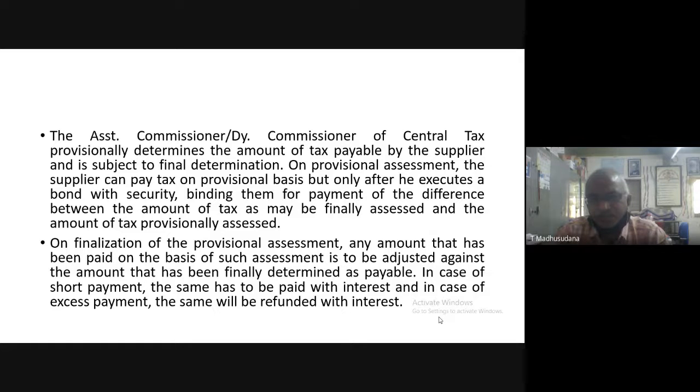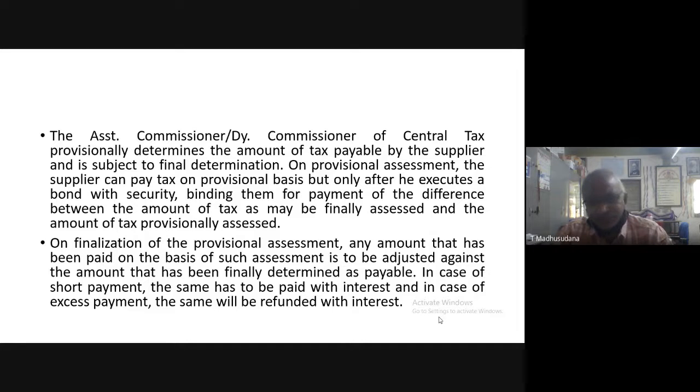On the provisional assessment, the supplier can pay tax on a provisional basis, but only after he executes a bond with security, binding him for payment of the difference between the amount of tax as may be finally assessed and the amount of tax provisionally assessed.